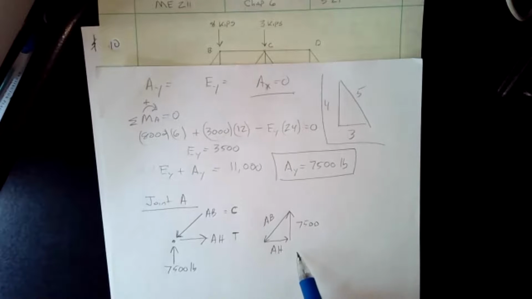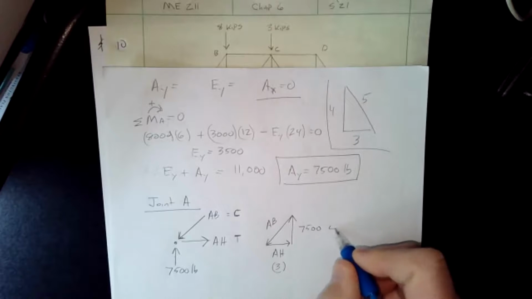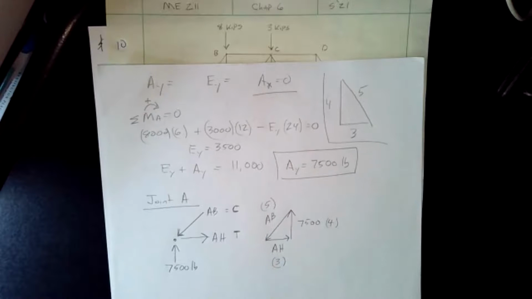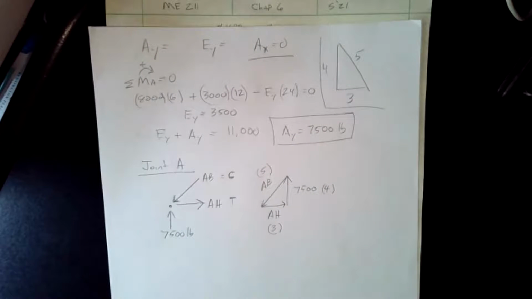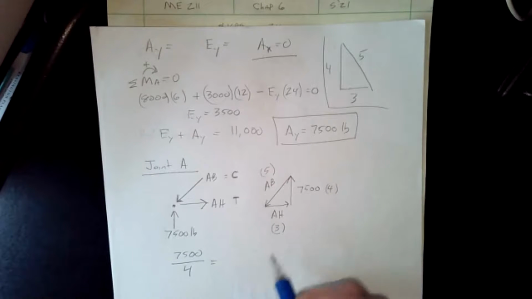So now if we want to calculate these respective values, we look at our triangle. We know that's a 3, 4, 5 triangle, so this is the 3 side, this is the 4 side, and this is the 5 side. So we can say 7,500 is to 4 as AH is to 3 as AB is to 5.